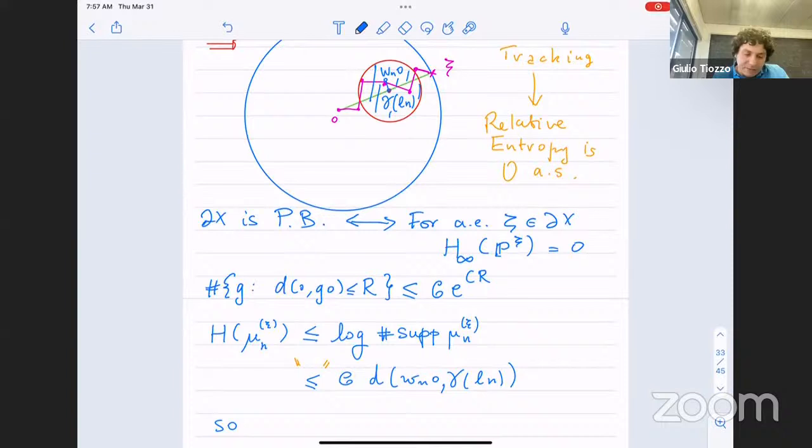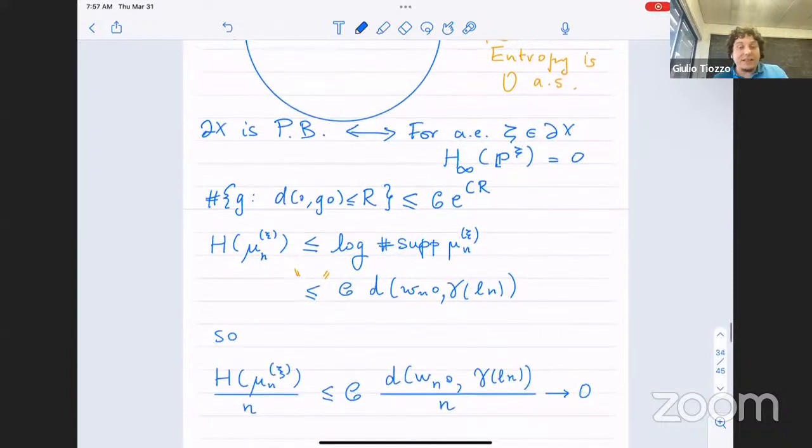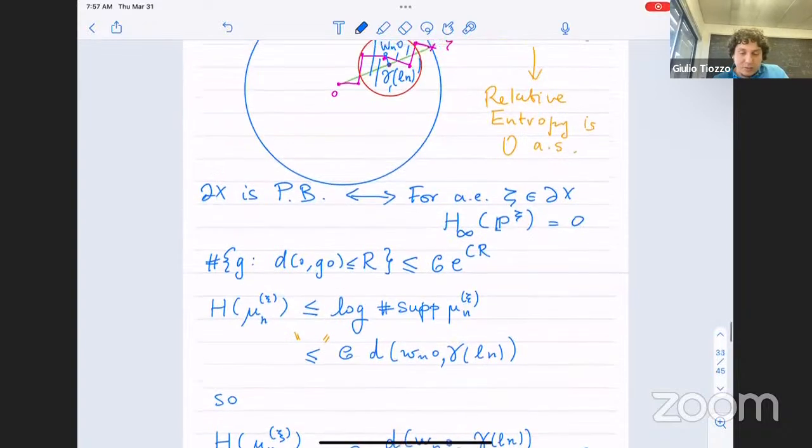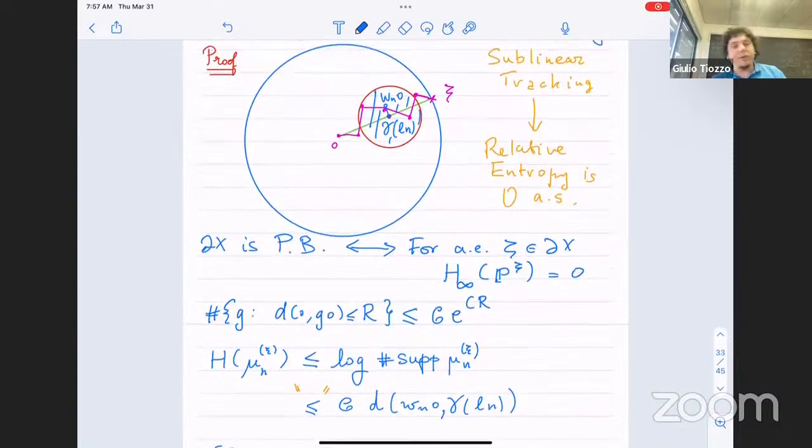And so in the end, the number of elements you get is sub-exponential. So that's basically the idea. You can make it more precise, but I think an important point is that the sublinear tracking property tells you that the relative entropy is small, and in fact it has to be zero for everything.